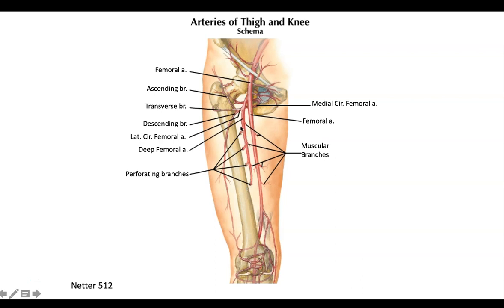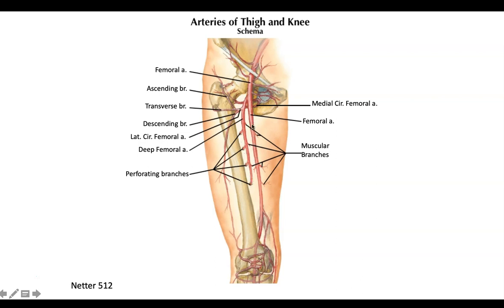We call them perforating arteries because they pierce, or perforate, the attachment of the adductor magnus muscle. They pierce this attachment from the medial compartment, and then they are going to supply the posterior compartment of the thigh.